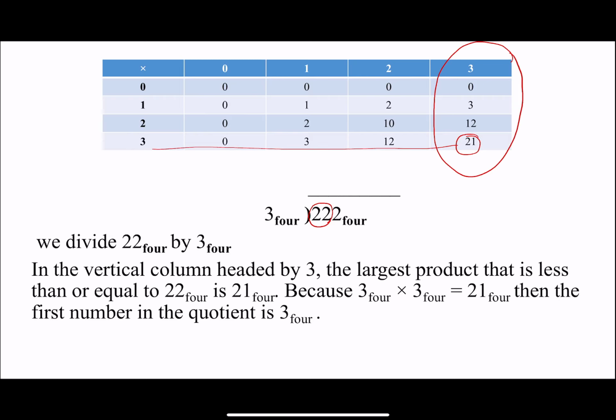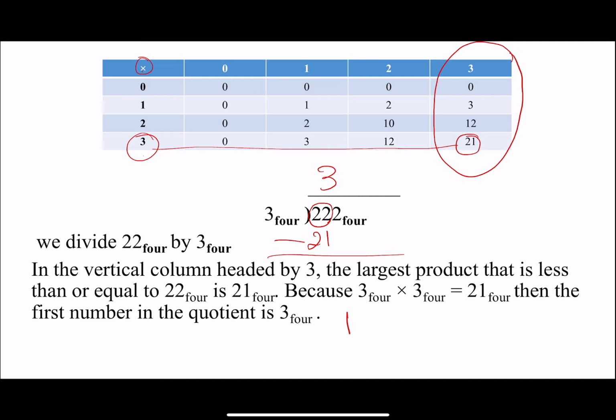Here we go, 3. 3 was multiplied by 3 to give you 2. Now do the subtraction. 2 minus 2 is 0, nothing. Then 2 minus 1 is 1.